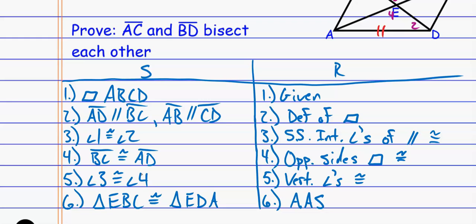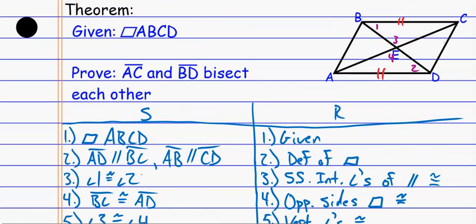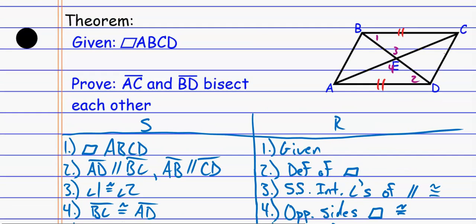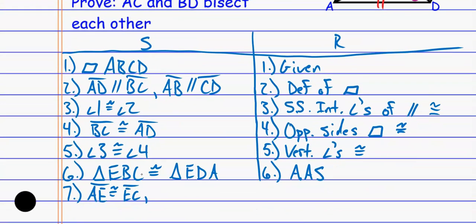And now from here, I can use CPCTC to show that the different pieces are congruent. So I could say something like, AE is congruent to EC because those are corresponding parts. I could also say that BE and ED are congruent.